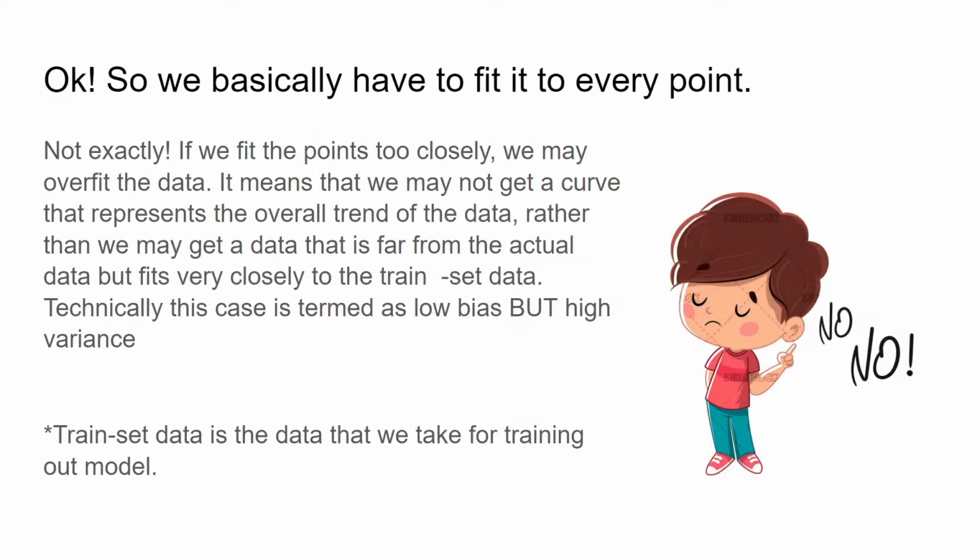Basically we are trying to fit the data, but not exactly every point. We try to fit as closely as what we want. That's a little bit confusing right now. We have to perform well on future data.